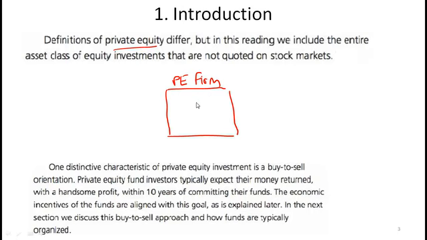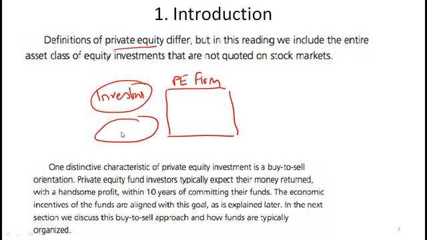Now, what does a private equity firm do? The way you can think of this is as follows. They are investors like, say, you and me. We do not know enough about private equity investing, but we believe that it will give us a good return. So investors, be they individual investors or institutional investors, give money to a private equity firm.